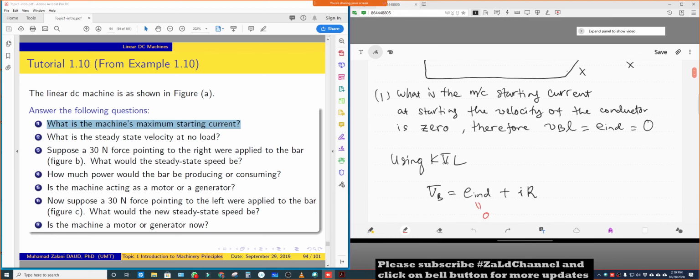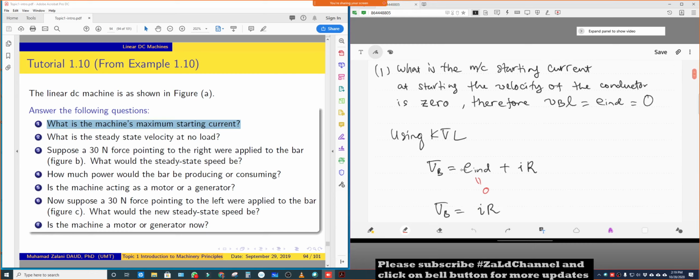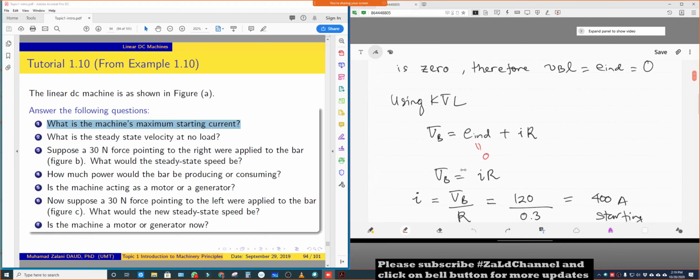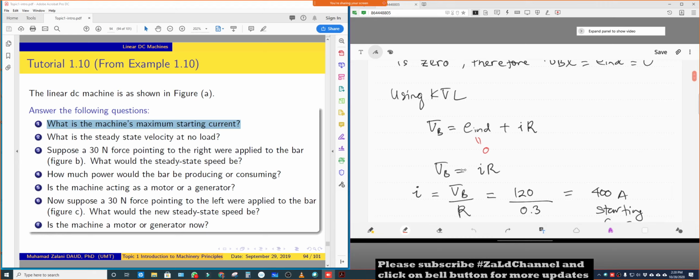So using Kirchhoff Voltage Law, we can use this equation: VB equals E in plus IR. The voltage across the battery equals the induced voltage because of the bar carrying current moving in the magnetic field, plus the voltage across the resistor.